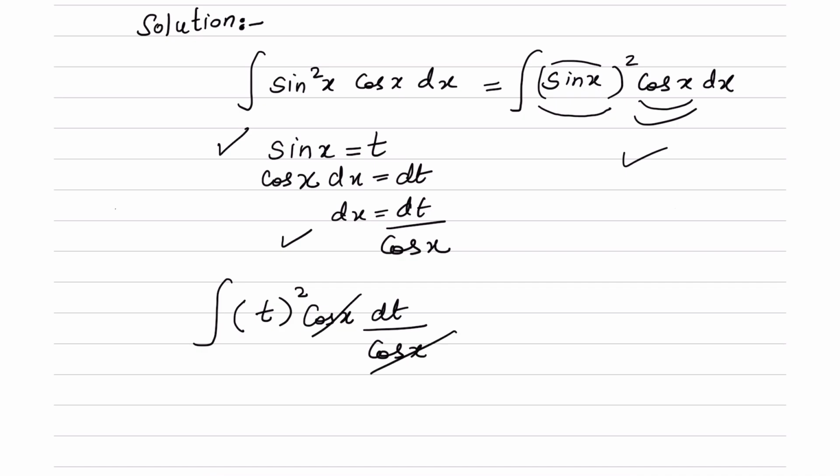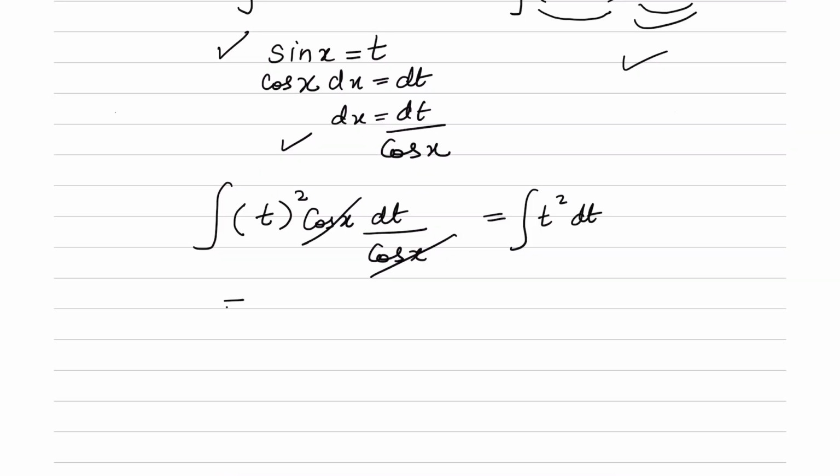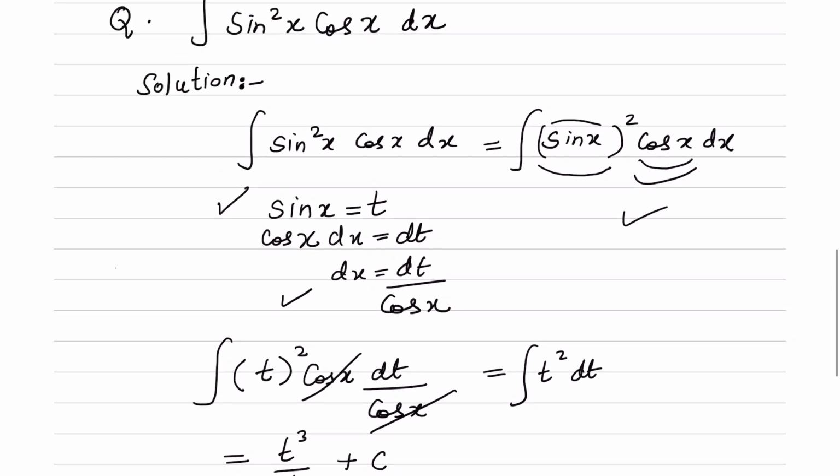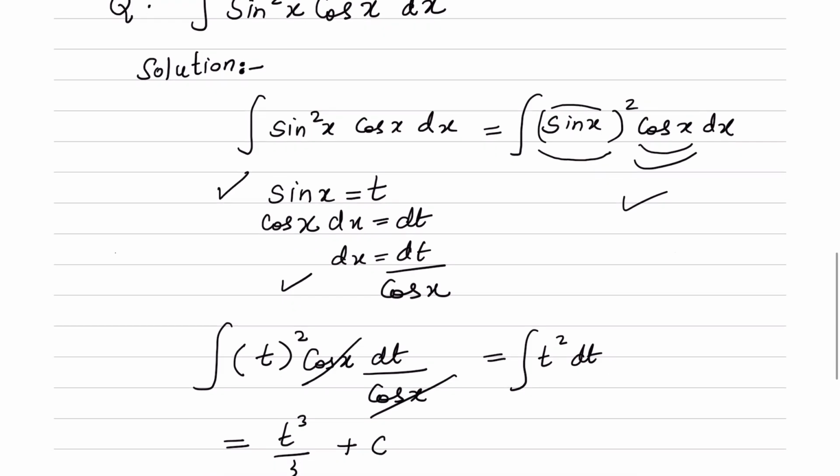This cos x cancels out with this cos x and we have t square dt. And now we can solve this integral by power rule of integration, which is t power 3 divided by 3 plus some constant. t was taken as sine x, so we will put sine x cube divided by 3 plus some constant, and we are done with this question by substitution.